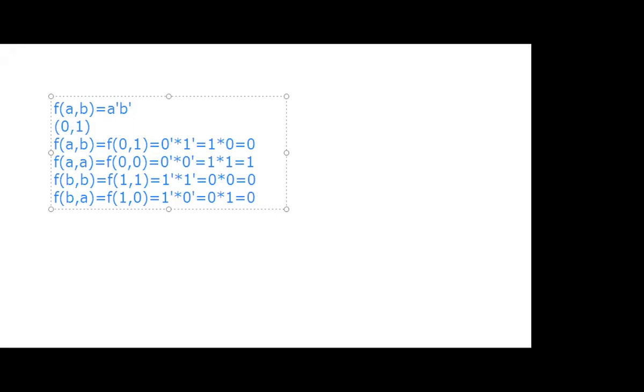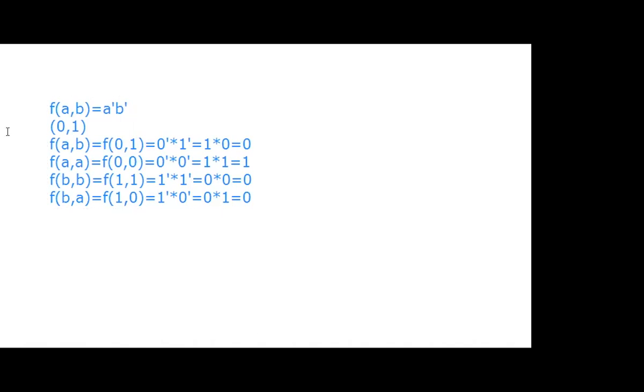So what we get is like this. Our operation is a' b', and if we perform all these values, then we get this. So this is just an example of Boolean algebra that we have seen.